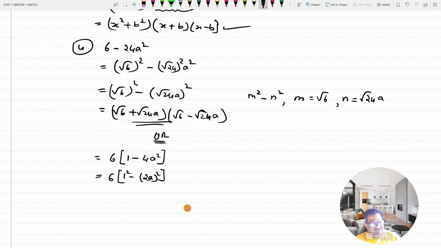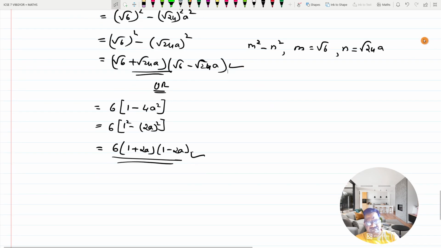Now 1 square is 1 and the same. So this can be written as 6 into, now this is a square minus b square, so 1 plus 2a into 1 minus 2a. Okay, so that should be your answer: 6 into 1 plus 2a into 1 minus 2a. So this answer is also correct. This is also not wrong. That was question number 4.